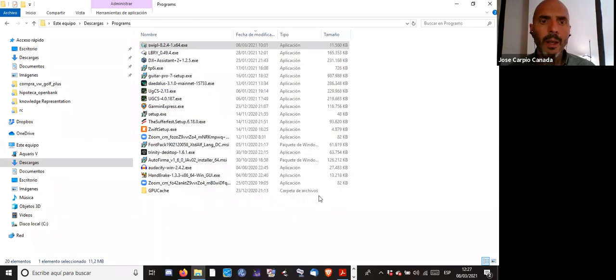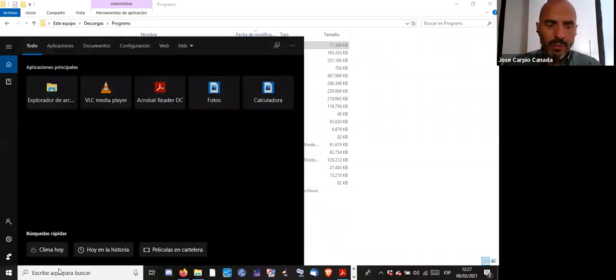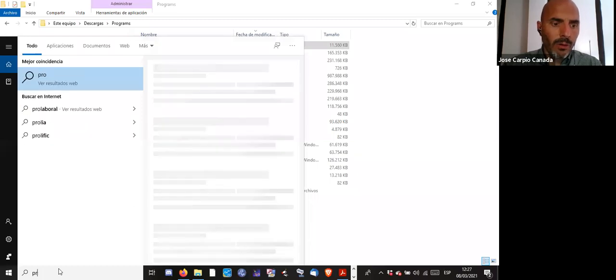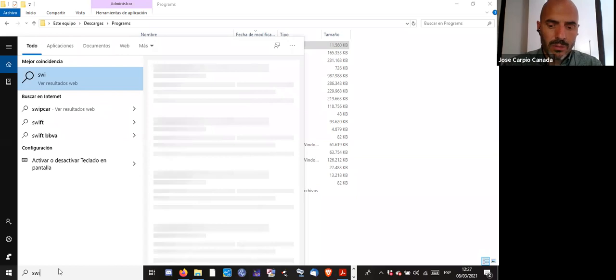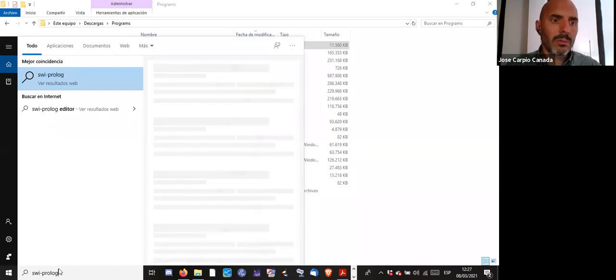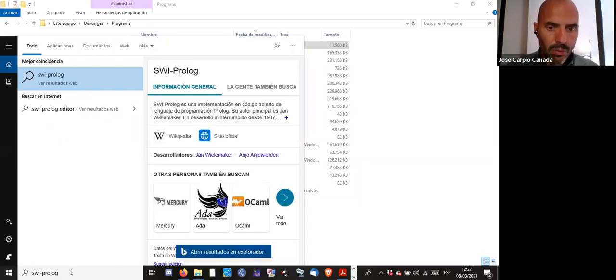Now, if you have installed this, you can access it here with Prolog. I don't know why it's not here, because probably the installation didn't finish properly.